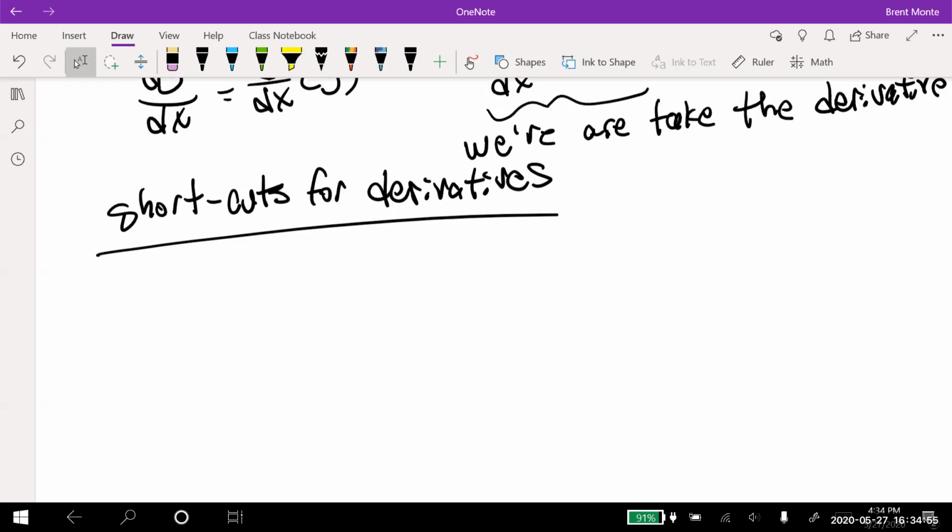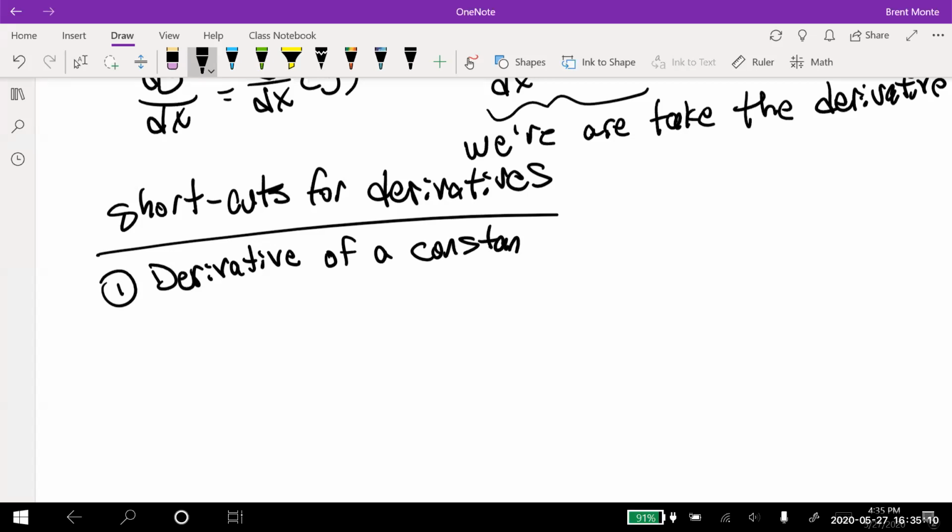So the first one, we're going to do the derivative of a constant. So here's my first rule. We'll even title it derivative of a constant c. So if I'm taking the derivative, the d dx means I'm going to take the derivative of what? Some constant c.